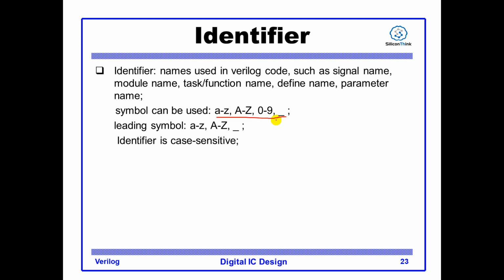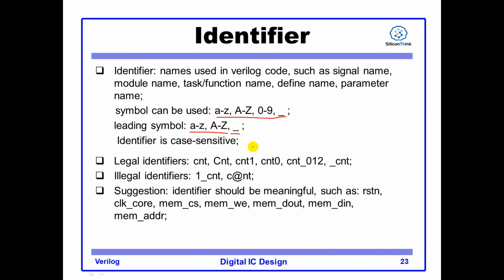This symbol is underline. But you must begin the identifier with a character or underline. Can't begin with numbers. And the identifier is case sensitive. So for example, these are legal identifiers, and this is illegal. The two are different identifiers. They are different signals.